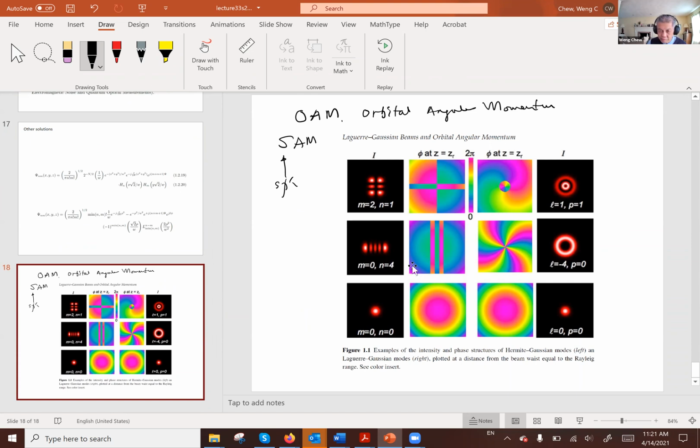And all these beams will have different gyrations, and some of these are called orbital angular momentum because the wave is actually traveling like this. And if it's just a linearly polarized wave, then we call this the spin angular momentum. So this is actually a very interesting field studied by lots of people around the world because it can have potential applications in very many different areas.